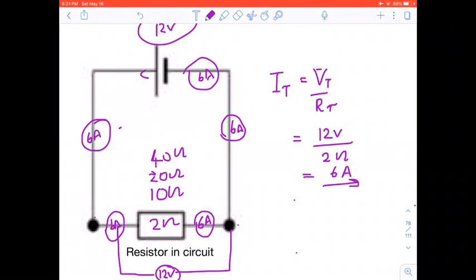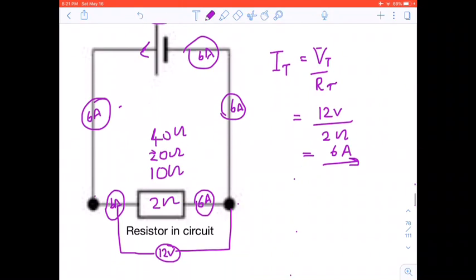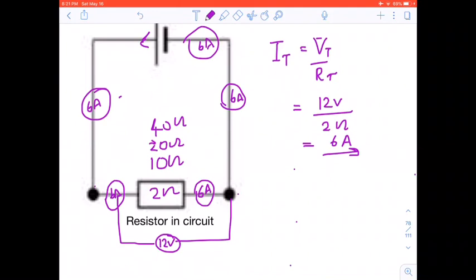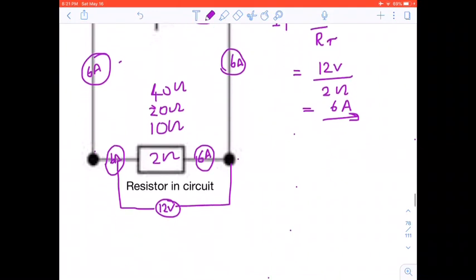Conventional current moves from the positive through the entire circuit. There's one conducting path, and the current in the circuit is 6 amps.